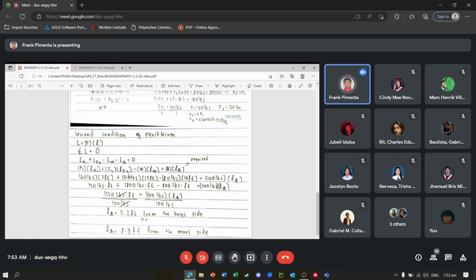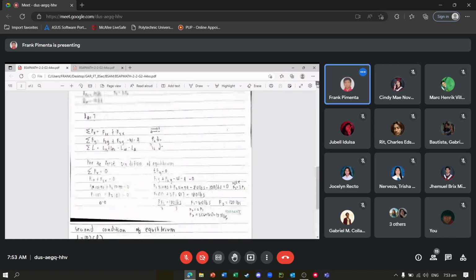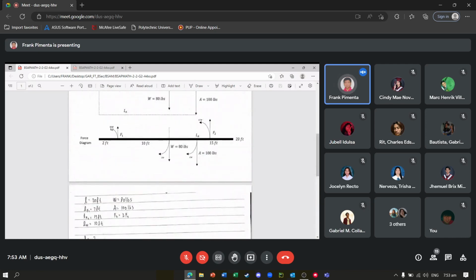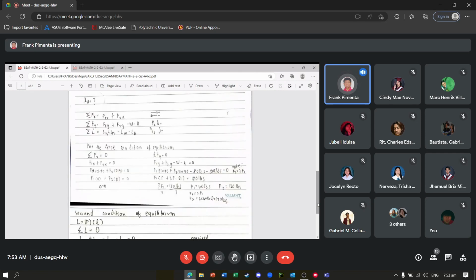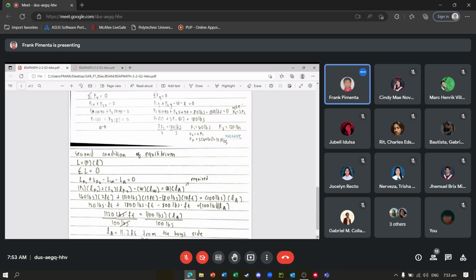Ano itong F1, F2? So 60 times 2 feet positive. Anong ginamit niyong point dito? 60 times 2. So ano yung 60? Even me, I cannot understand what your group is solving here.